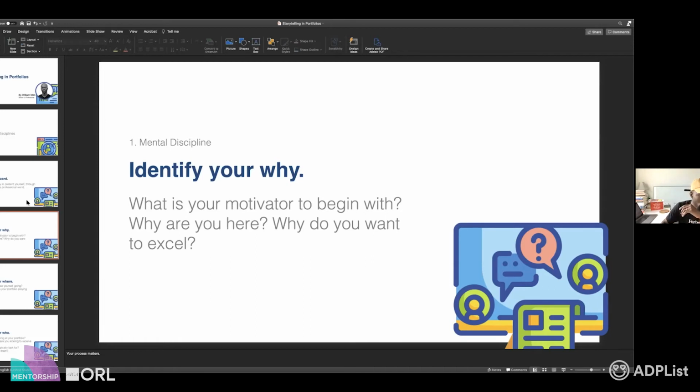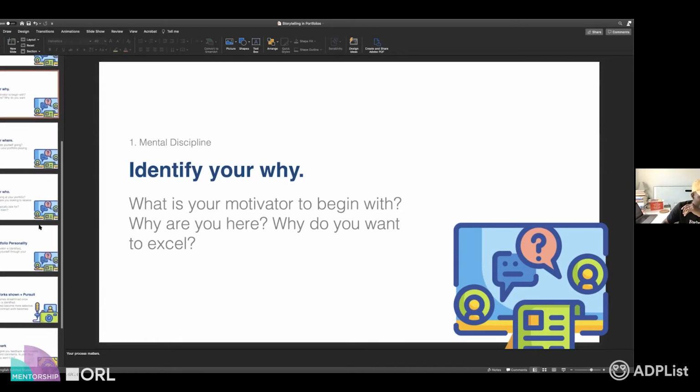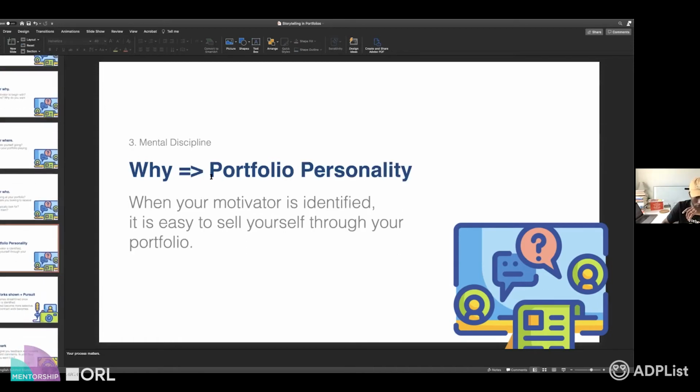And I'm going to skip a few slides to take you to the reason why it matters. It gives you a concrete place to present your portfolio personality. Because when a hiring manager looks at your portfolio, they want to see the human behind it as well. A lot of times we forget to add who you are.